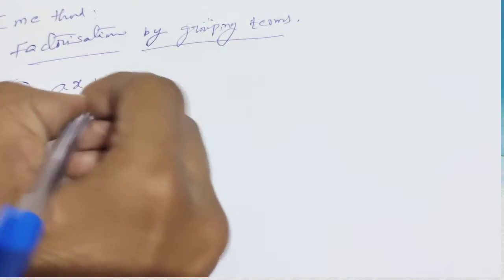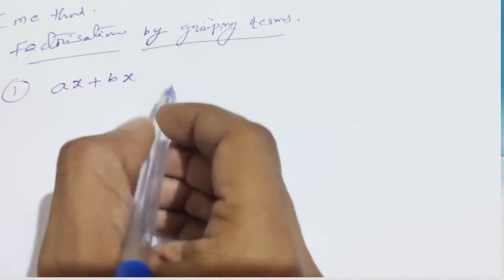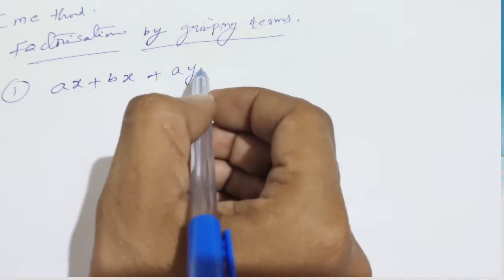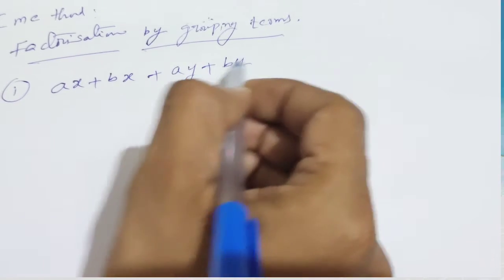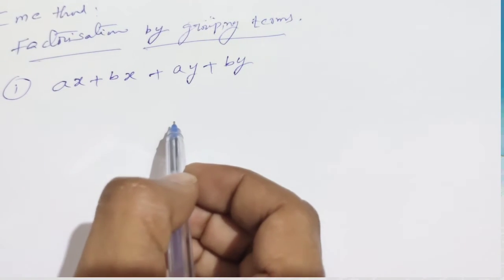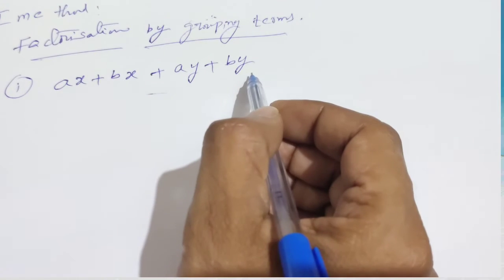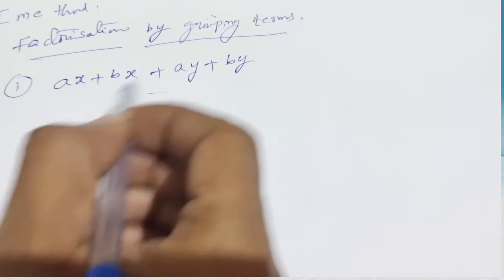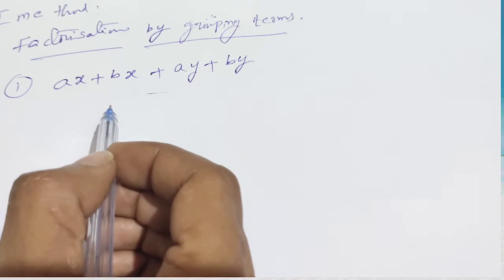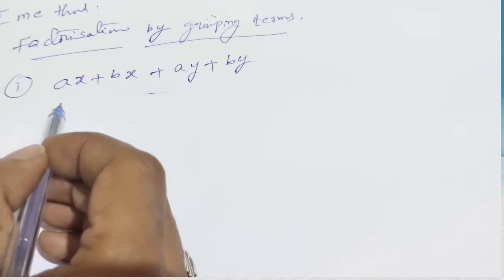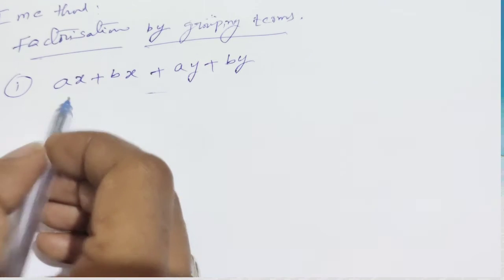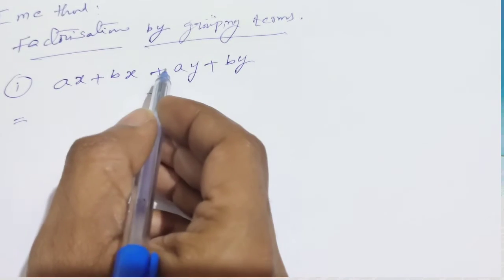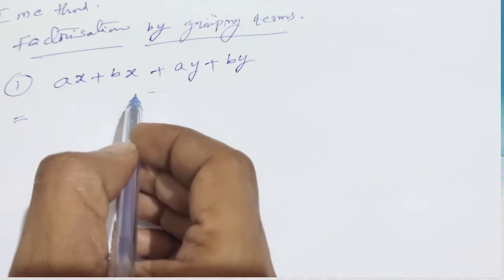Let us take ax plus bx plus ay plus by. By observing all these four terms, no single term is a common term. So in this type of expression, we must use factorization by grouping terms.